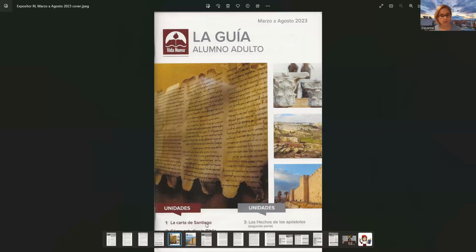Hay 4 unidades. La carta de Santiago, cómo estudiar la Biblia, los hechos de los apóstoles, la vida y los escritos de Salomón. Okay, so this is the Radiant Life curriculum, which is under the name Vida Nueva in Spanish.